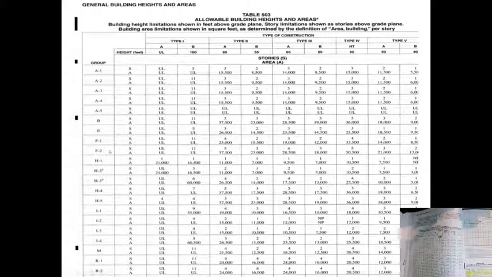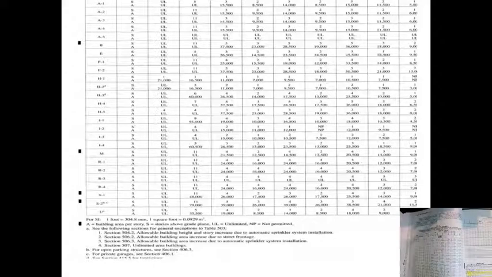If you have assembly and you're looking at S, okay, how many stories, and we're looking at a building type 3A, that means we can only go 3 stories, and the 3 stories cannot be over 65 feet in height, and the square footage of each of those stories is 14,000 square feet. Now, you can look here at mercantile stories.